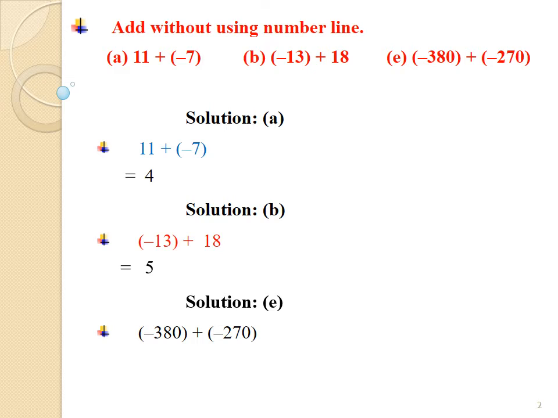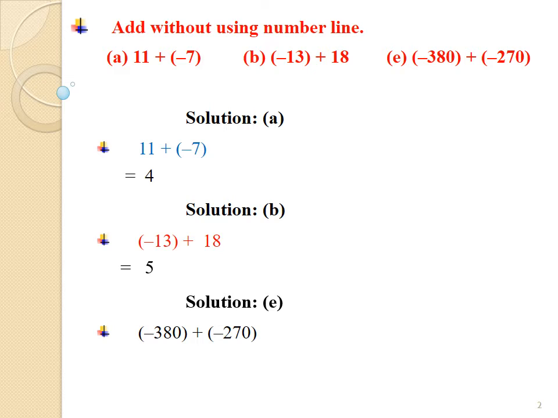As both the integers are negative, we have to add as a whole number by ignoring the minus sign, and the answer we get with common sign, that is minus sign, as both the integers are negative.